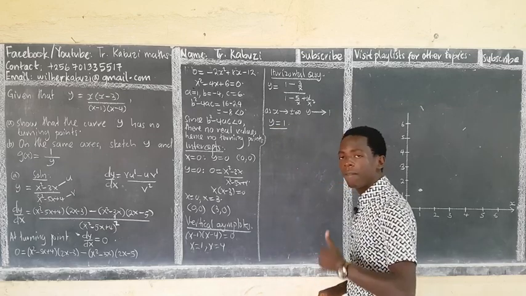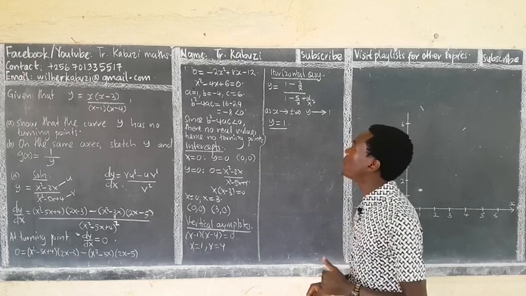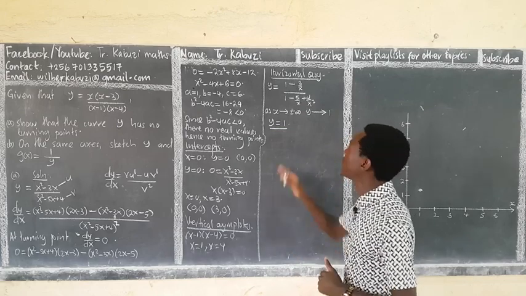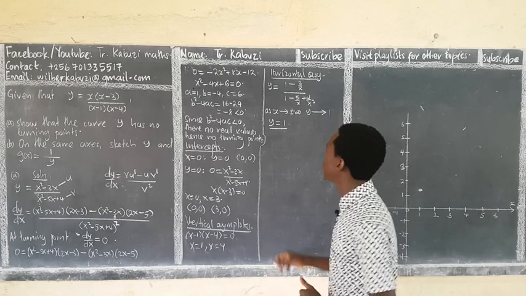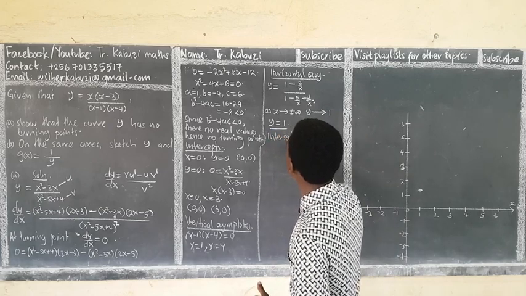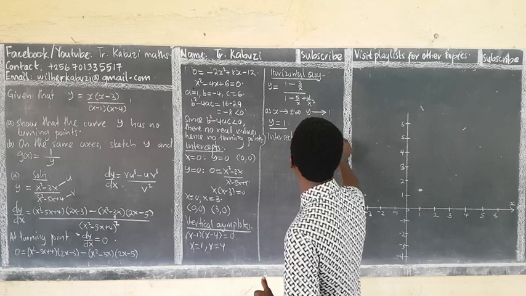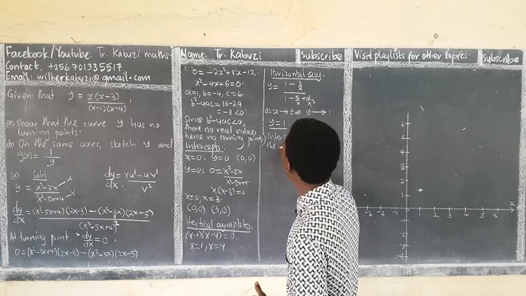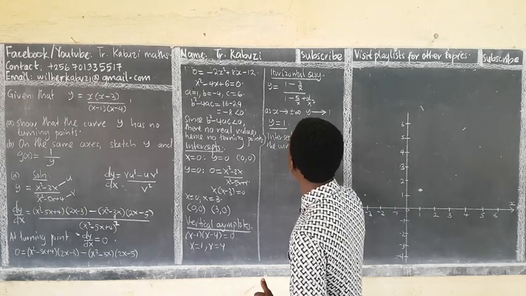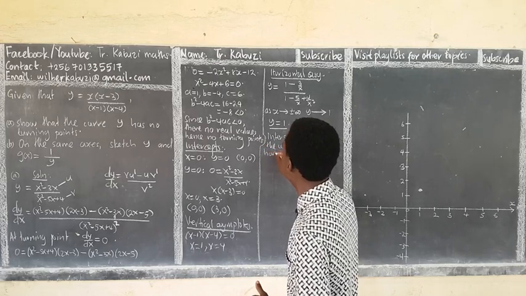Then, if the curve has no turning points, there is a possibility of the curve intersecting with this horizontal asymptote. So now we check for the intersection between the curve and the horizontal asymptote.